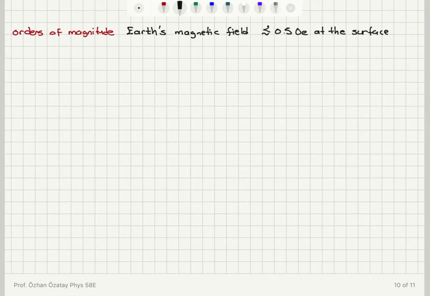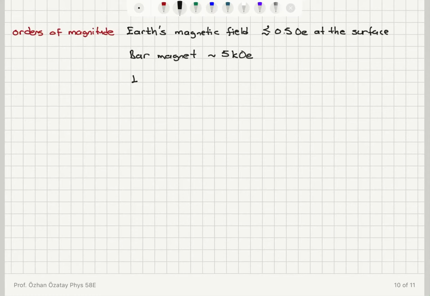If you measure the magnetic field of a typical bar magnet, it's of the order of 5 kilo Ørsted, which corresponds to 0.5 Tesla. We will talk about that later.